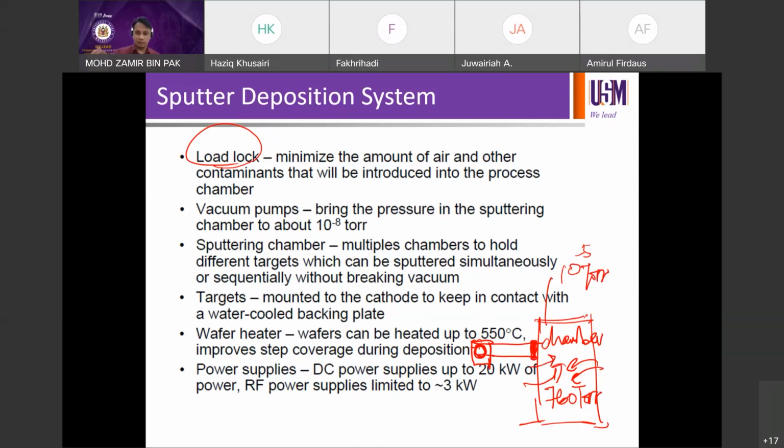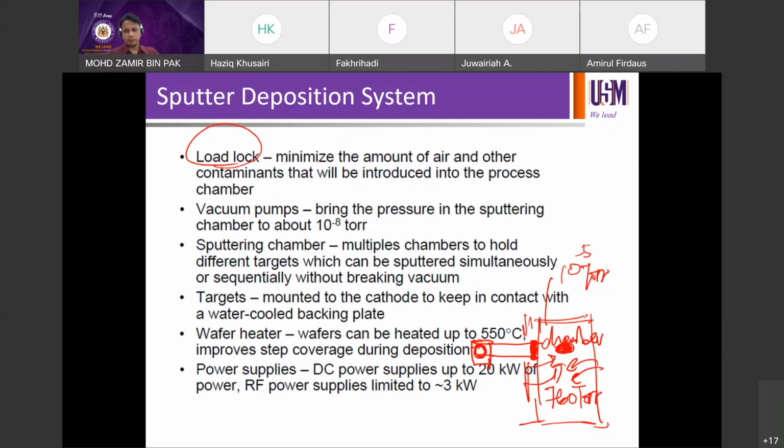So it remains at 10-5 after the sputtering process, because your samples can be removed or put in by using a load lock. When you run your sample in here, for example a sputtering run is done, what you have to do is open this gate valve.